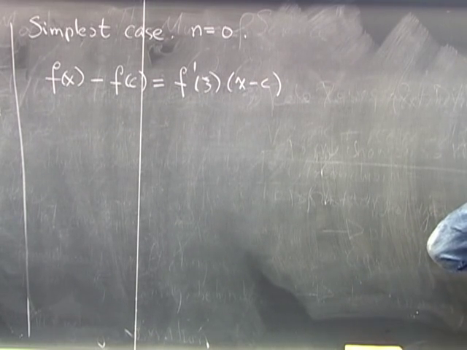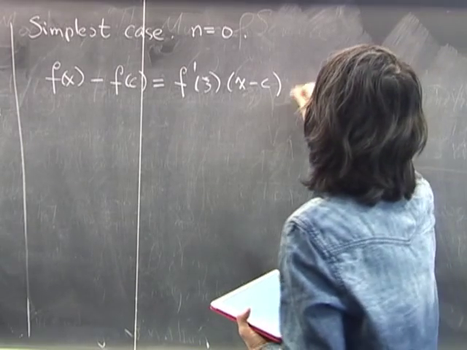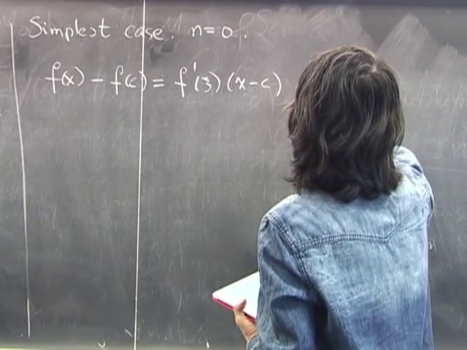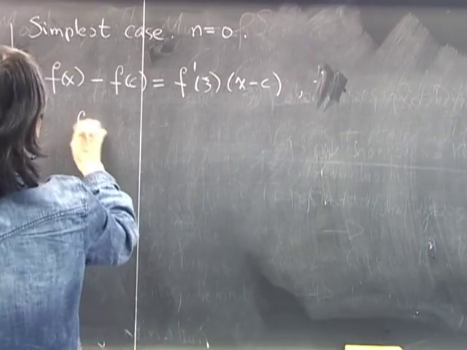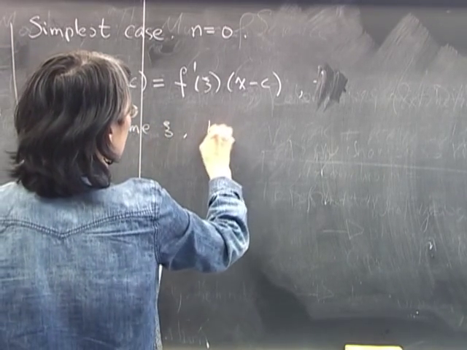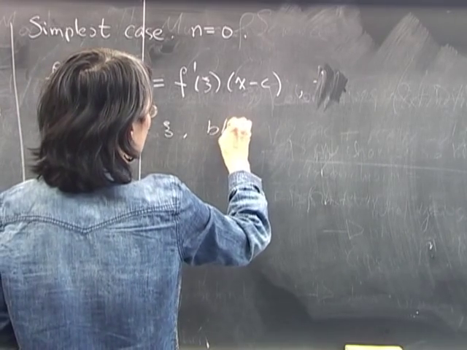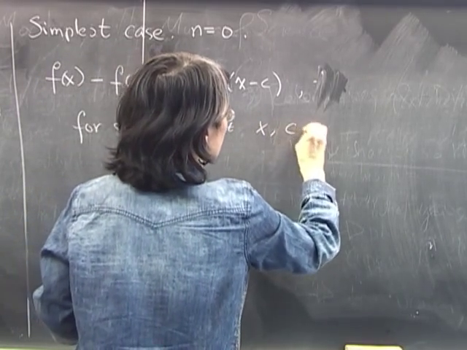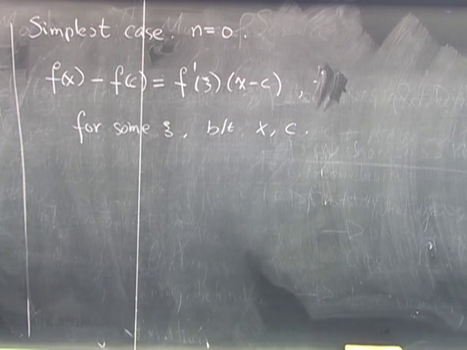Okay? So, okay, let me write it again here. For some psi between x and c. Okay, so let's see. Does this look familiar, that expression? What is it saying here?